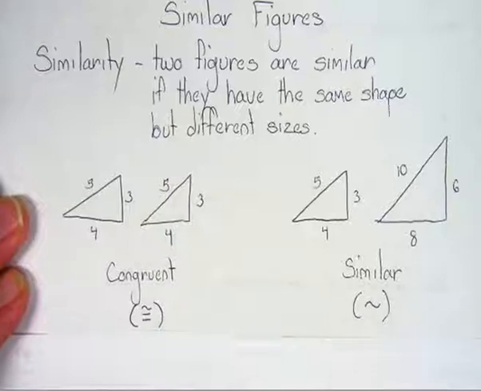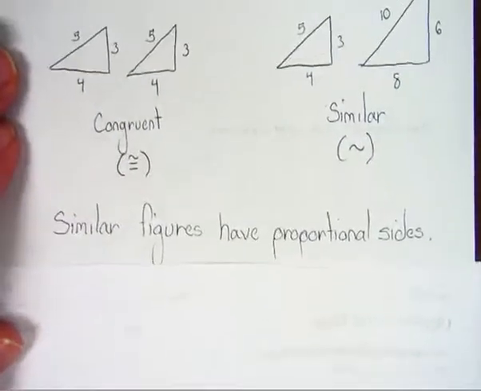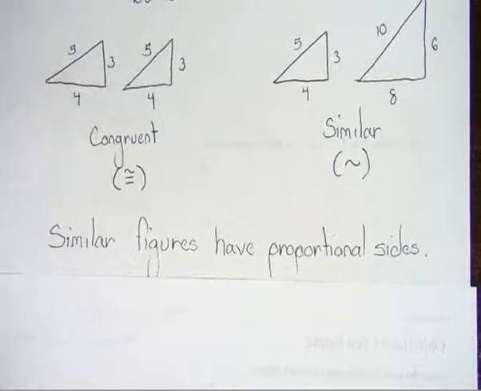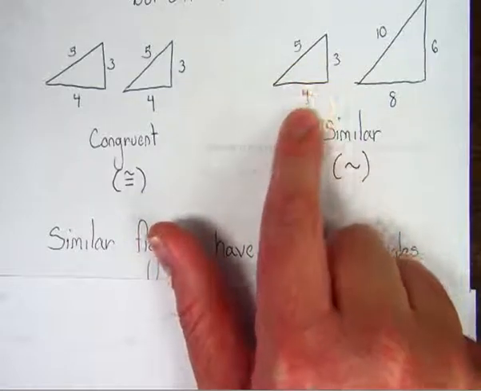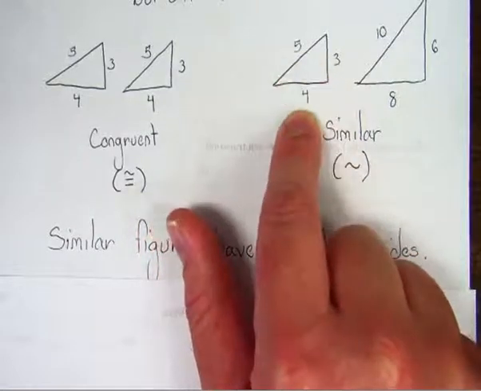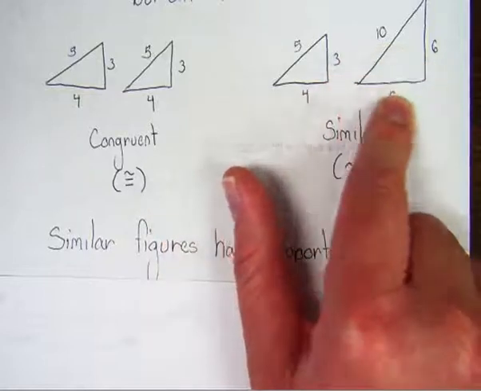Another thing that we need to look at is that they have proportional sides, and that has to do with the dilation thing that we were just talking about. A proportion means if we set something up there, it's equal fractions. Essentially, there is some number, the scale factor of the dilation, that I can multiply all these lengths by to turn them into these lengths.